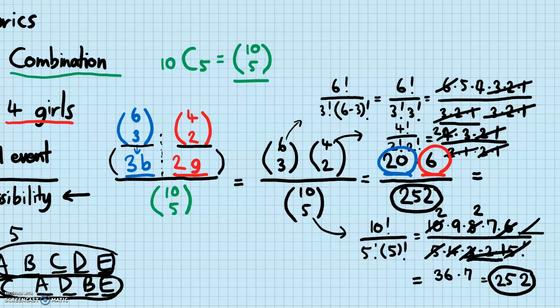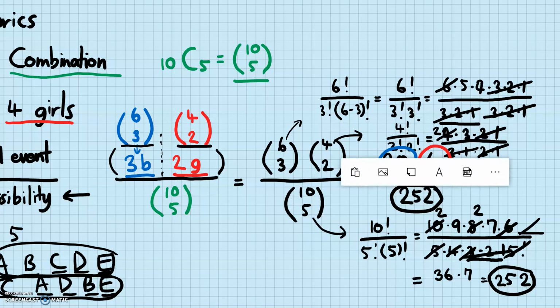So to finalize our calculation here, we just need to do 20 times 6 on the numerator, which is 120, and then divide that by 252 in the denominator.